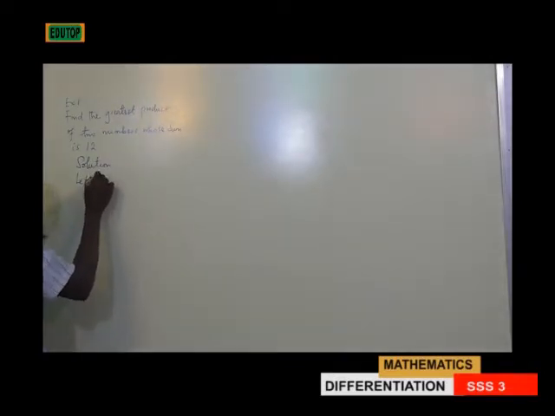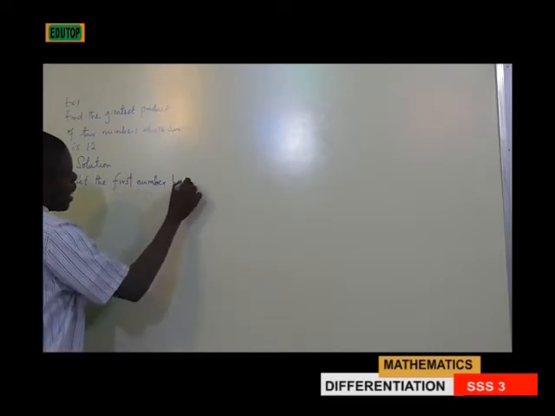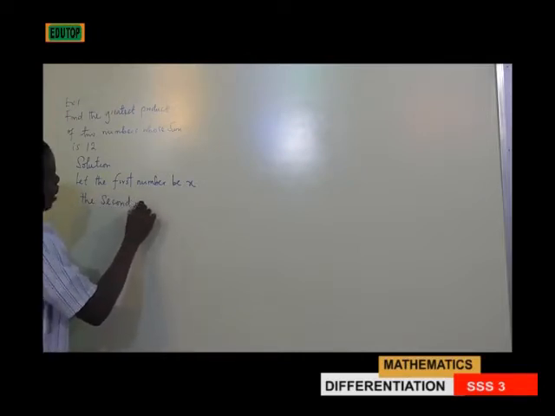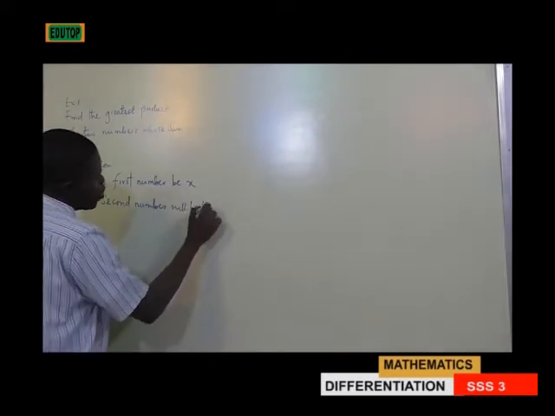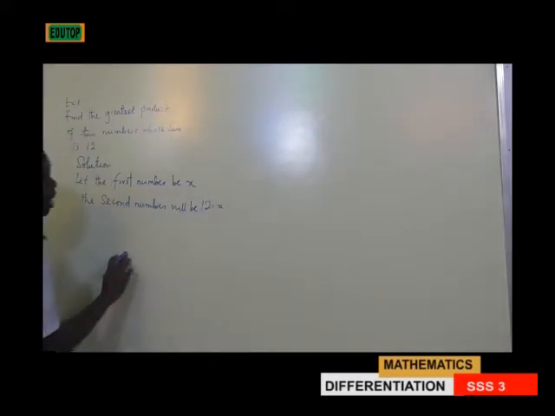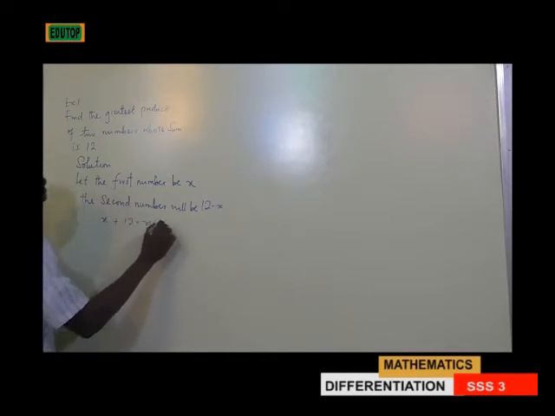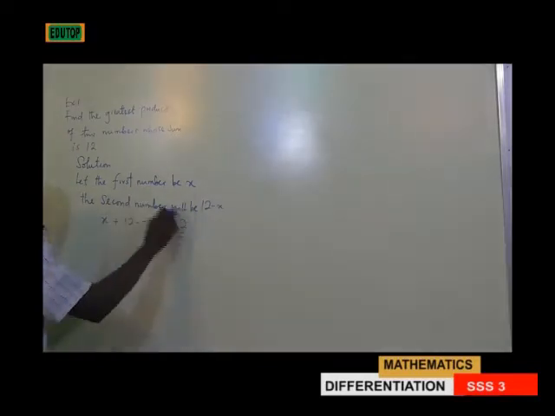Let the first number be x. Then the second number will be 12 minus x, and that can be justified by saying x plus 12 minus x will definitely give us 12, so the first number is x, the second number is 12 minus x.